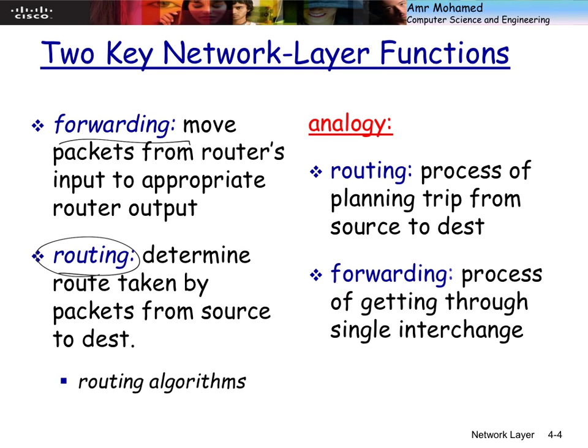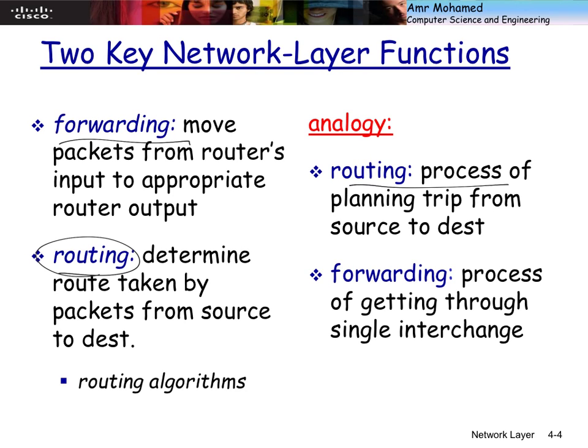So forwarding is the local decision by a specific router on how to forward the packet. Routing talks about the end-to-end picture, how the path end-to-end has been planned. So that's the analogy here.